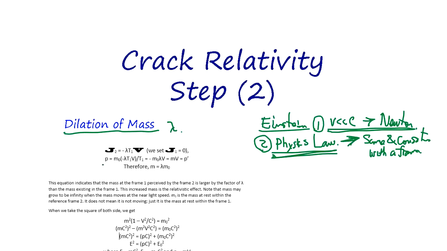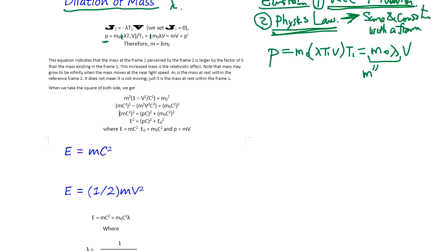Okay, if you look at the momentum, it is m0, and for the guy moving it is going to be this. There's no negative here. Actually, this is going to be m. So since lambda is going to change, the mass must change.